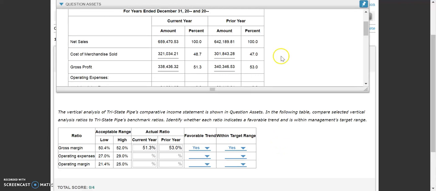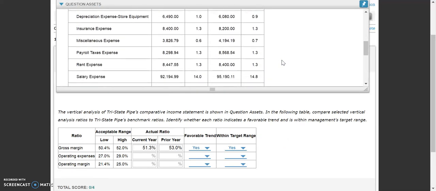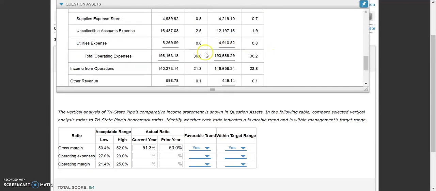Okay. So now we want to look at our operating expenses. That's that big long list here of all the expenses that we have. We're going to go all the way down to where we have our total operating expense. And we're going to look at this number, this 30%, and the 30.2. So if we look over here, we had started with 30, and we went to 30.2.